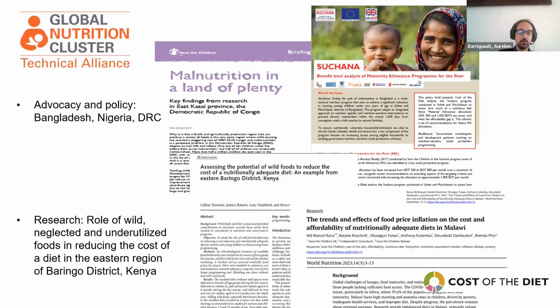Another use that we mentioned earlier is research. This is part of a research with different partners like the Research Institute and the International Museum of Kenya. The idea was first to base it on an ethnobiological study, which identified various wild foods that were underutilized and neglected, and they were nutritious and locally available.